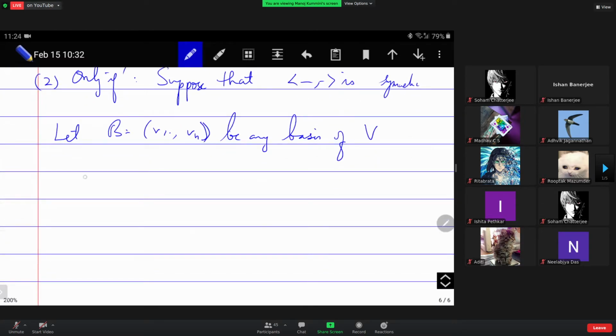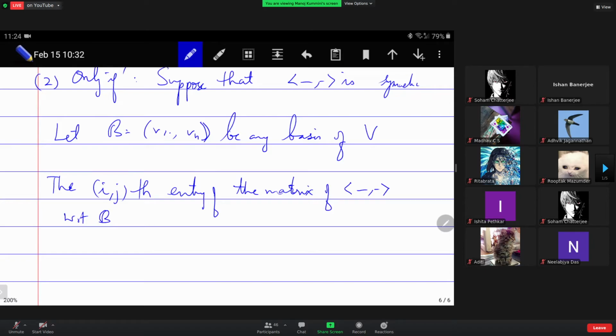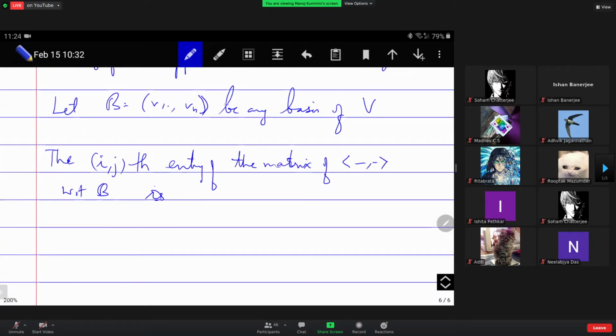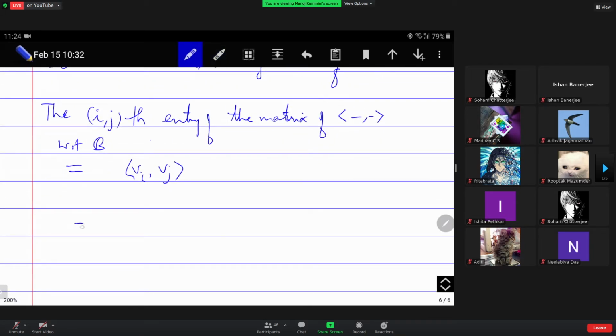Okay. So then the matrix of the form with respect to this basis B is given by the ijth entry of the matrix, which equals, okay, the form applied to Vi, Vj. Okay. This is the form applied to Vj, Vi.